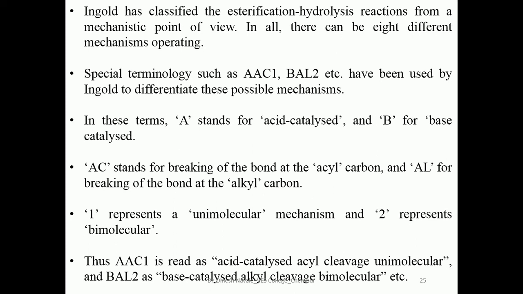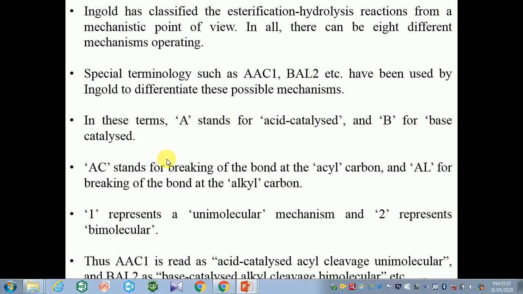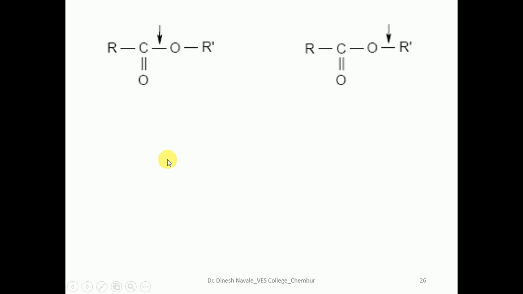So AAC1 is read as acid catalyzed acyl cleavage unimolecular, and BAL2 is termed as base catalyzed alkyl cleavage. So this is the diagram. We can easily observe that this is the ester molecule, and we are carrying out the hydrolysis of the ester. This bond, between the carbonyl carbon and the oxygen, is called the AC bond.